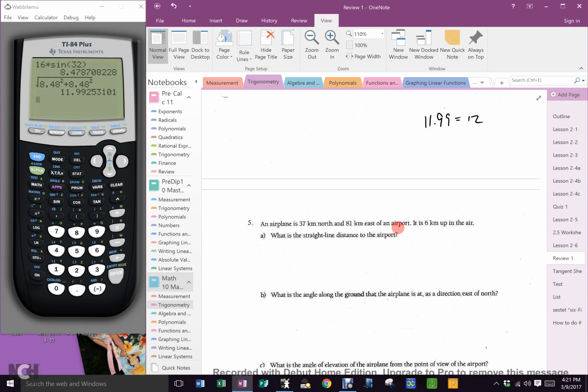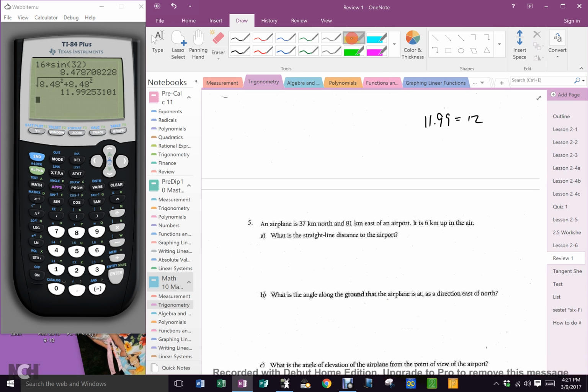But we'll see. So the airplane is north and east of the airport. So the first triangle I need is 37 and 81 for north and east. So the plane is on this hypotenuse right here, if it were on the ground. So I need this distance to get to the plane.